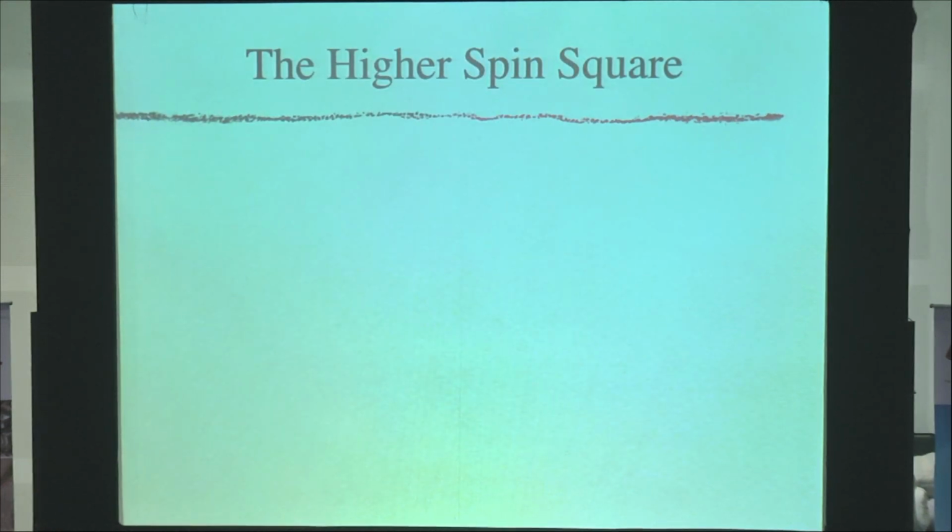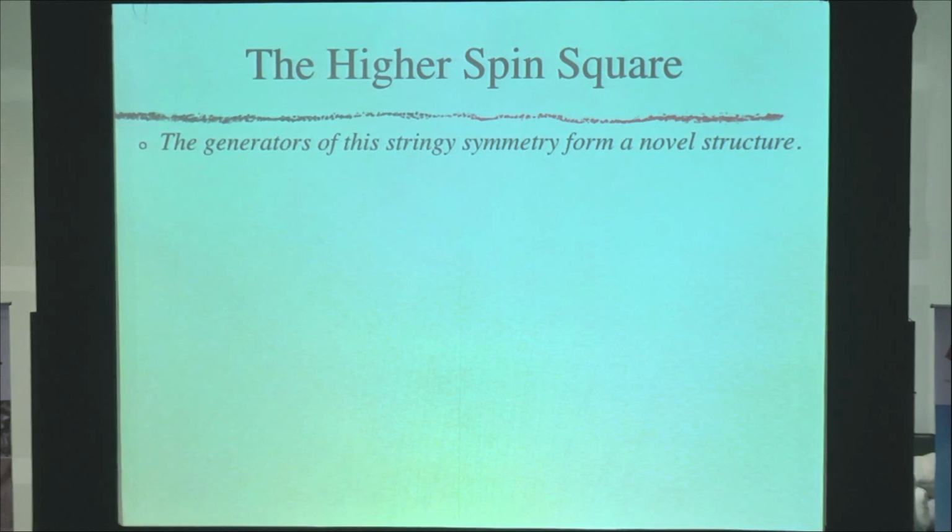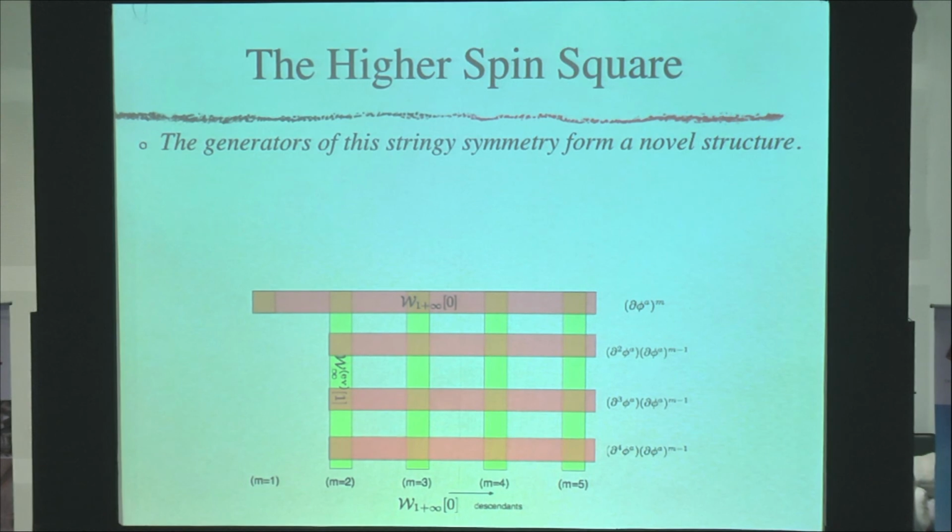But what's very interesting, what we are excited about, is that viewed from the lens of the higher spin theory, these stringy symmetries form a very novel structure. The generators of the stringy symmetry form a very novel structure.